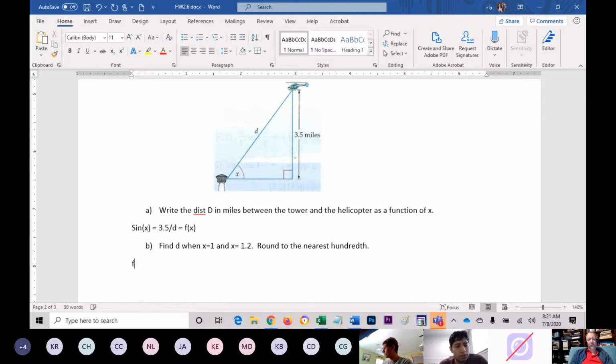Right. So if you solve this for d, d equals 3.5 divided by the sine of x. Yep. Okay.